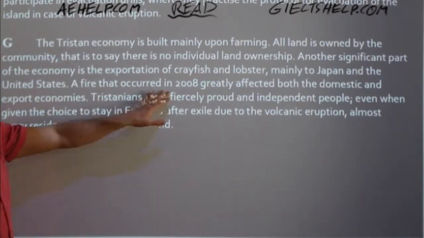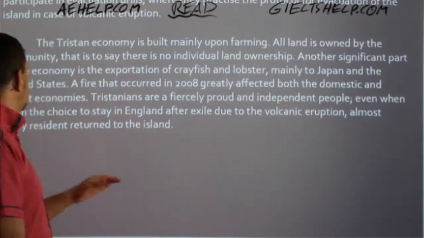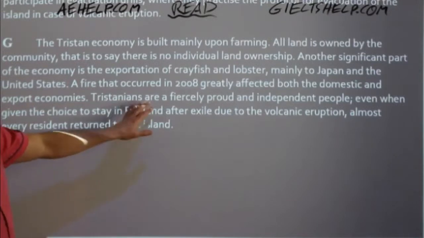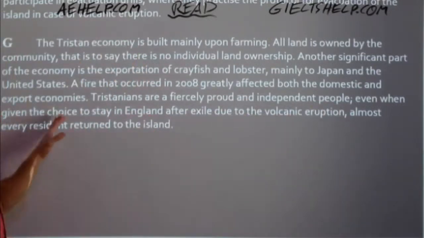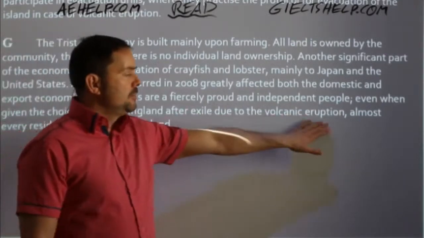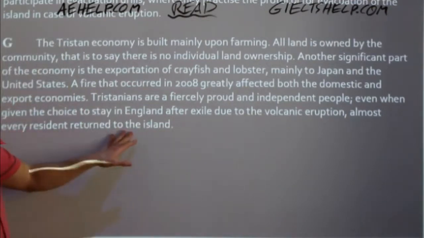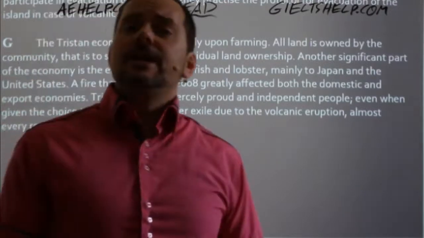A fire that occurred in 2008 greatly affected both the domestic and export economies. Tristanians are fiercely proud and independent people. Even when given the choice to stay in England after exile due to the volcanic eruption, almost every resident returned to the island.